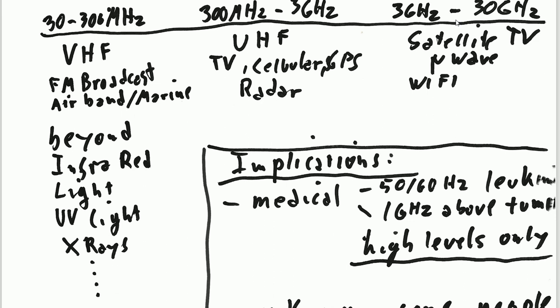So that's one thing there. There's also what's called the microwave band. So again, at 3 gigahertz we're looking at 10 centimeters and it goes all the way down to 1 centimeter at 30 gigahertz.